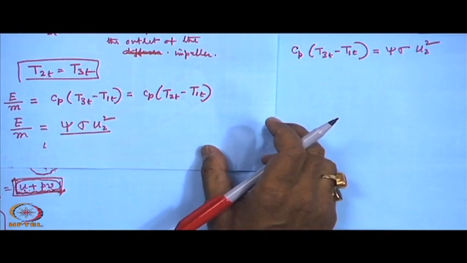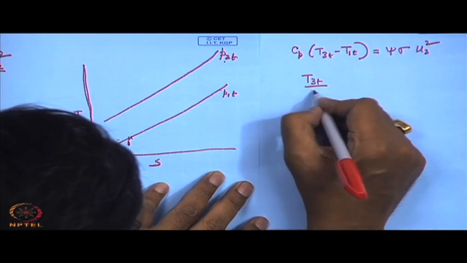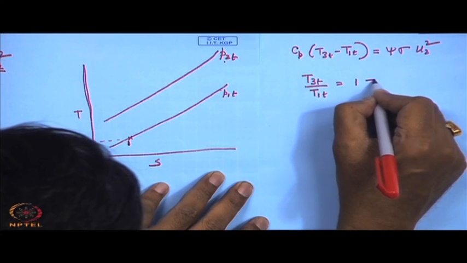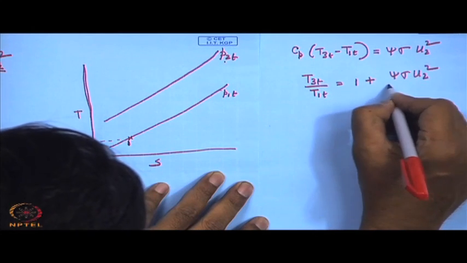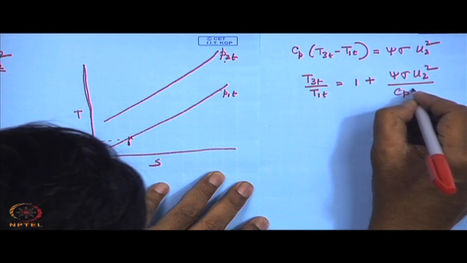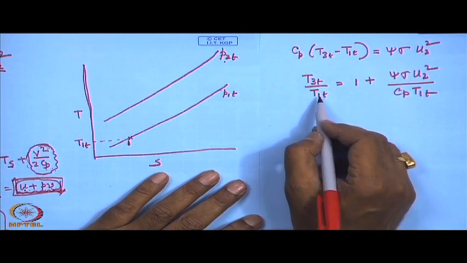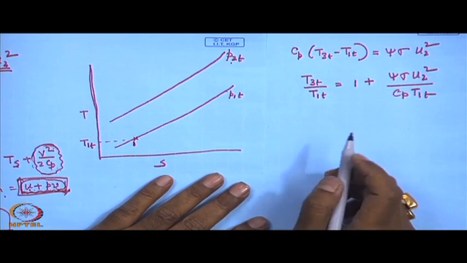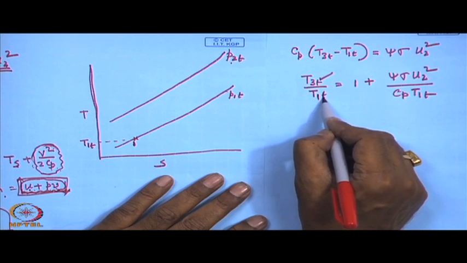So, therefore, we can write simply T3T by T1T is equal to 1 plus psi sigma U2 square by Cp T1T. So, a ratio of temperature T3T to T1T we get. Now, this is the T3T outlet temperature, this is the T1T.